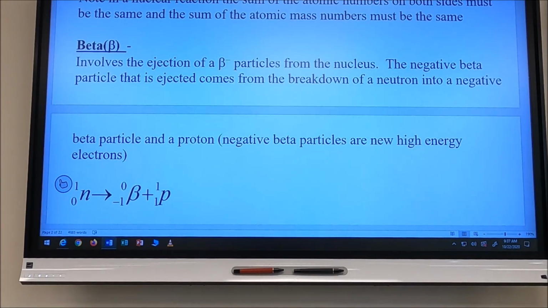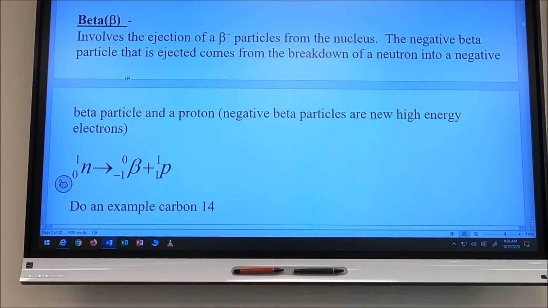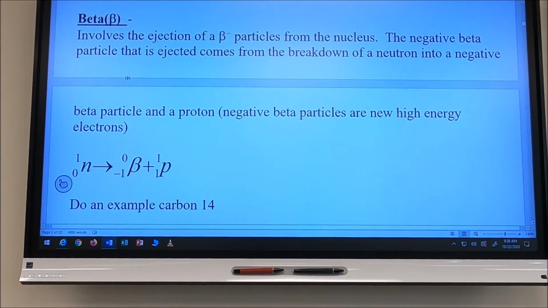The beta particle is essentially a high energy electron, and it's formed from the decomposition of a neutron. So if you have an imbalance in the number of protons and neutrons in the nucleus and you have too many neutrons, a neutron actually undergoes a spontaneous change into a beta particle and a proton.